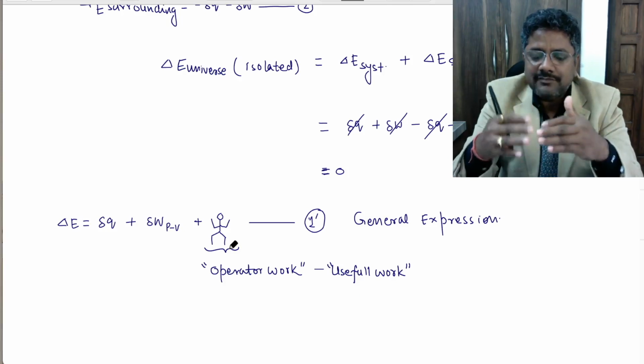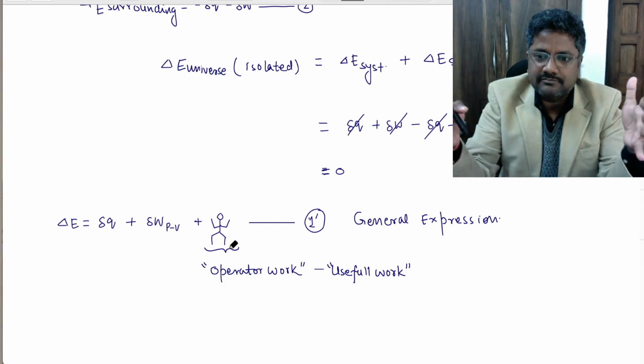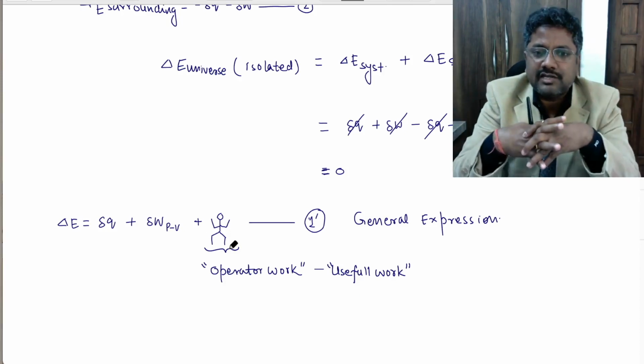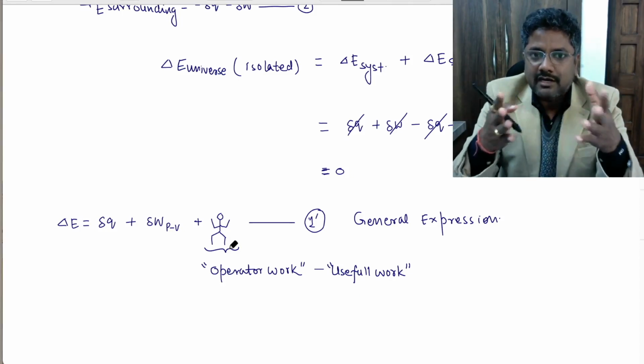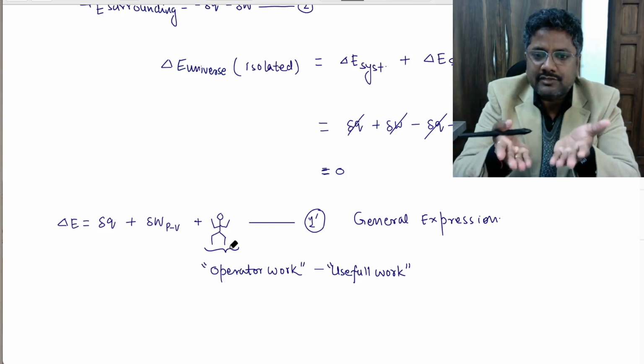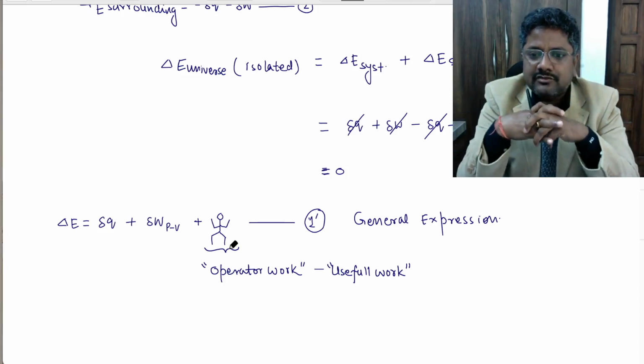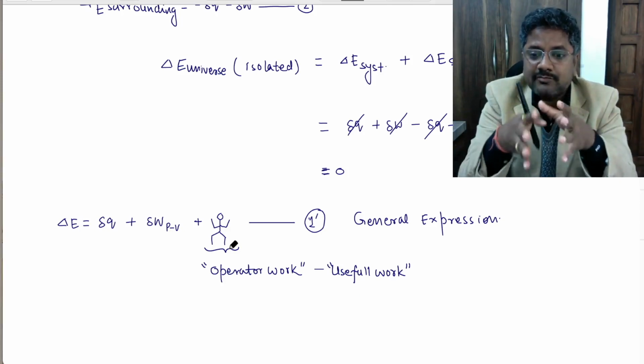But if some part of that energy is consumed in the expansion of our system, meaning pushing the piston of the system upward, suppose we have taken a constant pressure system like Cp, as we discussed earlier. If you are putting energy into the system to break the bond and make the reaction happen, and that energy is consumed to lift the piston against the atmospheric pressure, this is not your purpose here. Your purpose is to break the bond.